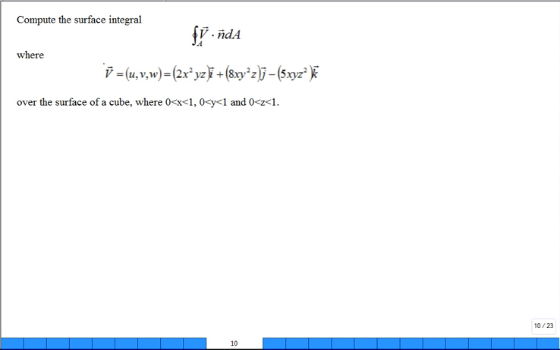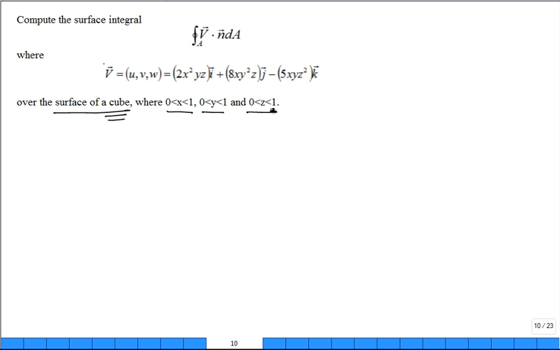Compute another one over the surface of a cube, going from 0 to 1, 0 to 1, 0 to 1. Well, it's the same thing. I wouldn't want to do that by actually slugging it out, doing a surface integral over the 6 faces of my cube.